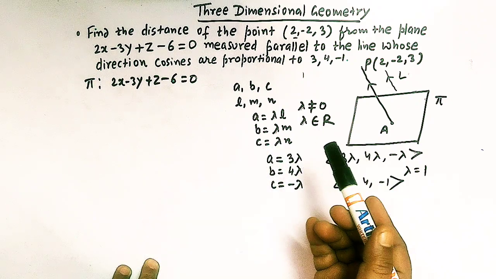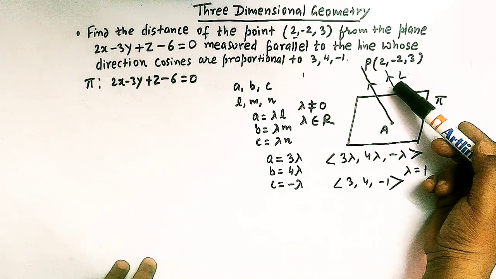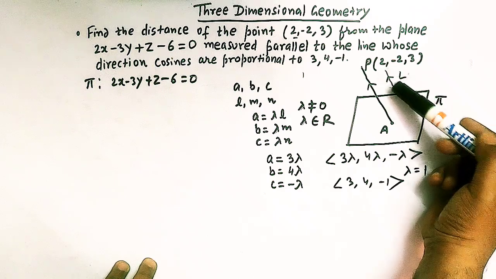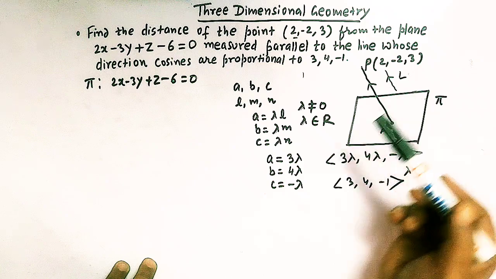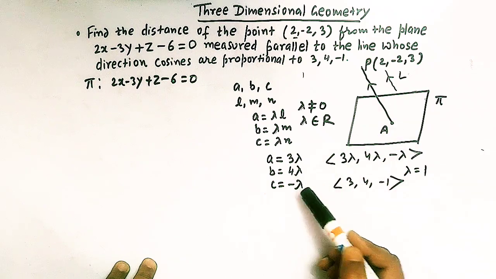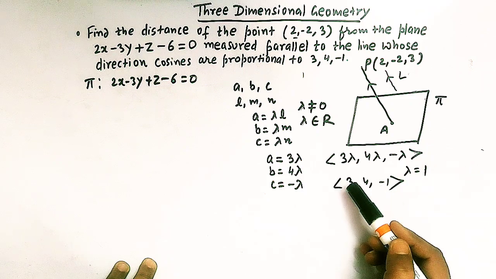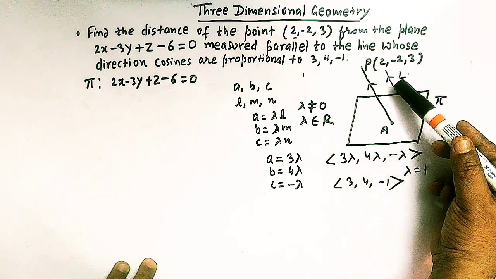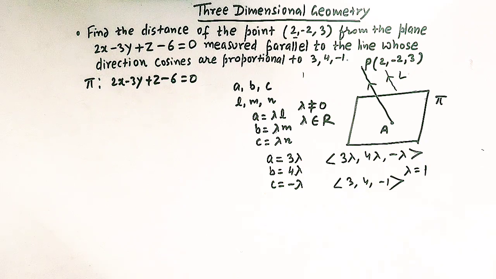So for any line, the set of direction cosines is also a set of direction ratios, right? So the direction ratios of any line which is parallel to this line L are given by these three numbers, and for lambda is equal to 1, we have the direction ratios of this line L as 3, 4, and minus 1.